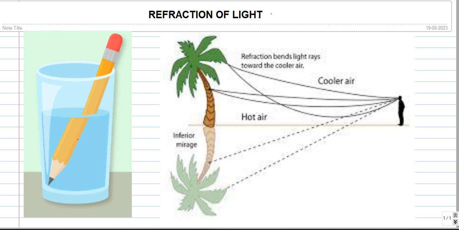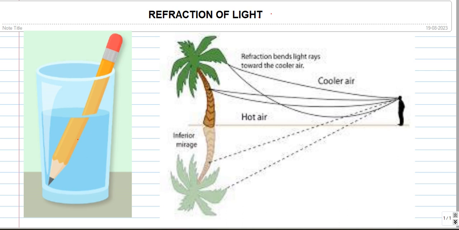We have seen this with examples in the previous classes. If we place our ears on the railway track, we will be able to hear the sound of the train coming even before we could hear it in air. Which means sound is traveling faster in solid than in air.